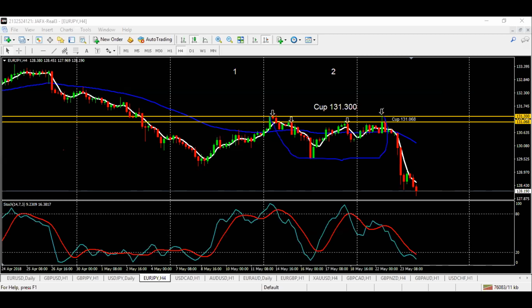You would have 2 teacups activated, 131.068 and 131.300. That's a teacup within a teacup. The big teacup was 131.300. The teacup within it was 131.068. So you would have caught double those pips, from 131 to where it's at right now.